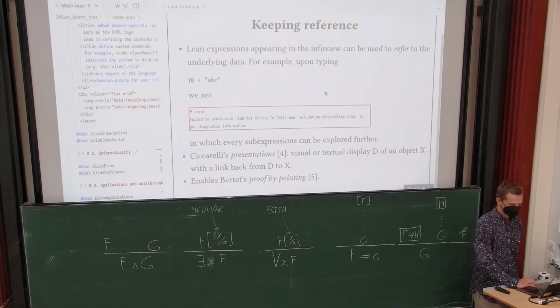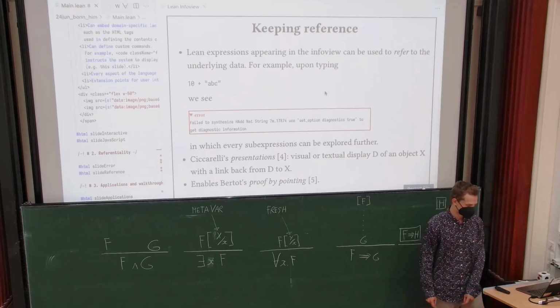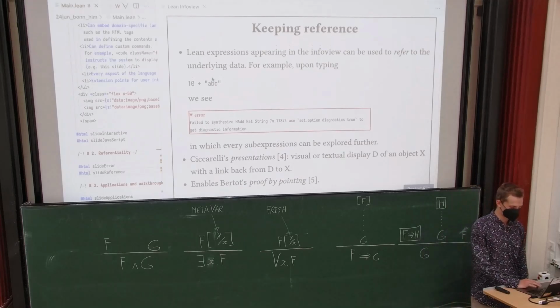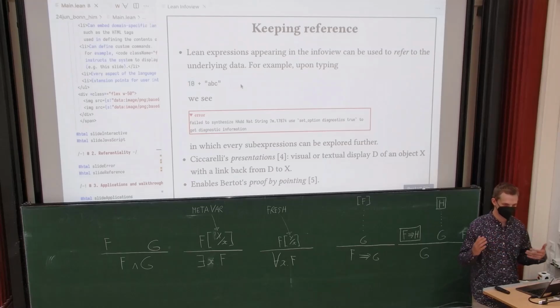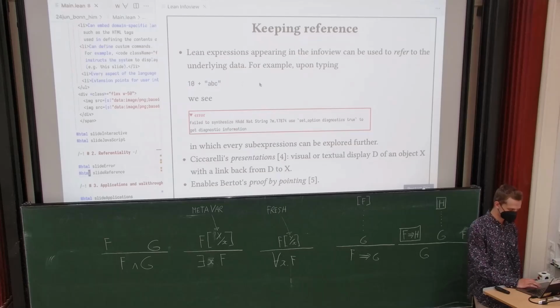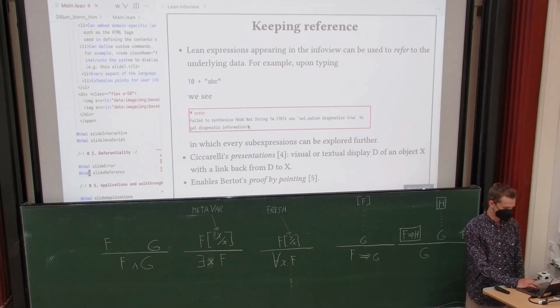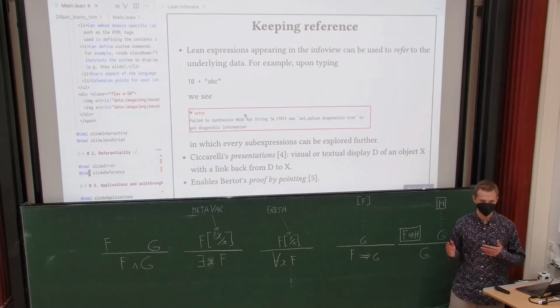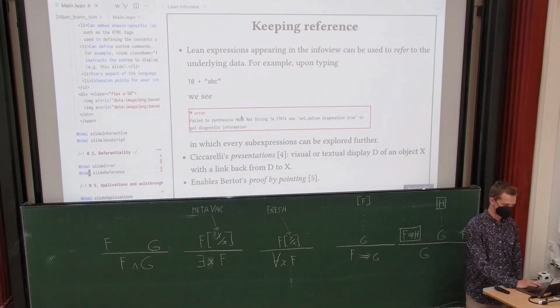So what happens in Lean is that when we write down this ill-typed expression that tries to add 10 to the string ABC, we will see the error message that says there is no instance of this type class HAdd, which stands for heterogeneous addition, between natural numbers and strings.